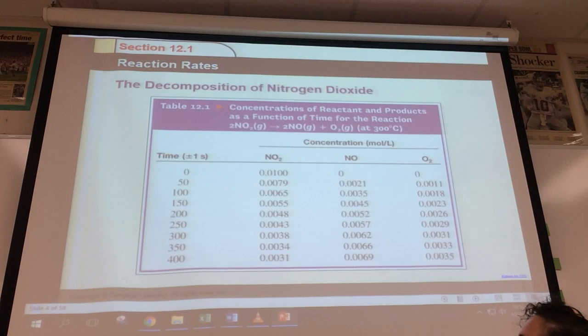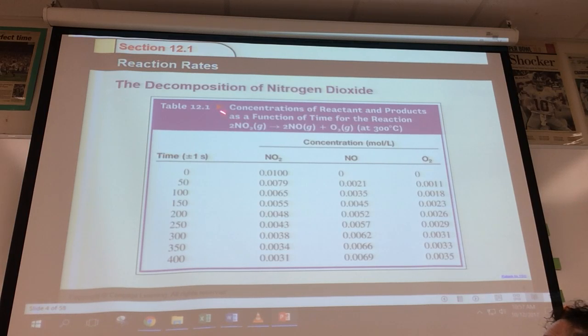So it might say calculate the rate between 50 seconds and 100 seconds. If you were doing it for nitrogen dioxide, you would do this minus this. You'd get a negative over 50. So the rate of disappearance will be negative. The rate is then multiplied by the negative, making it positive.